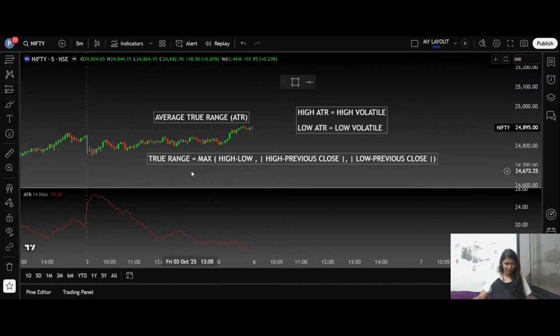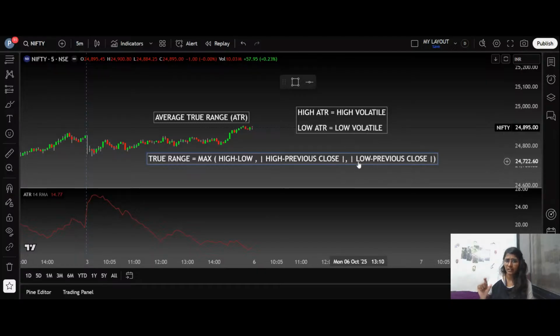See, high minus previous close. If the previous close is higher than the high, then this term will be negative. So I put a mod on this so that this term will always be positive. Similarly, low minus previous close: it is possible that the previous close is greater than the low.